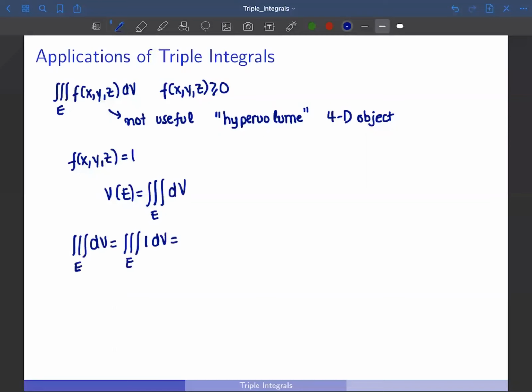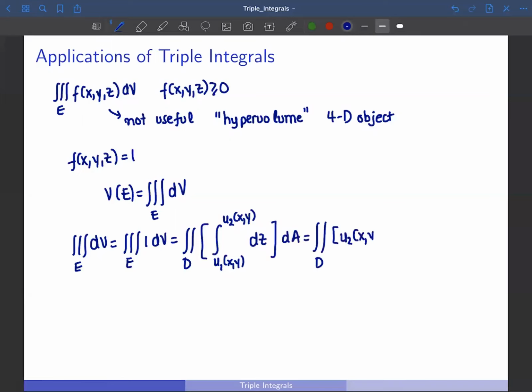And then this is equal to the double integral over the two-dimensional region D of the integral from u1 of x comma y up to u2 of x comma y for z times dz, and then times dA. So this is equal to the double integral over the region D of u2 of x comma y minus u1 of x comma y times dA.